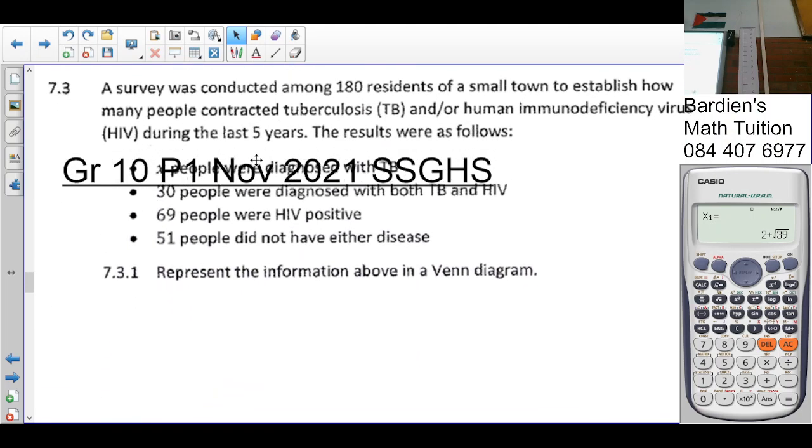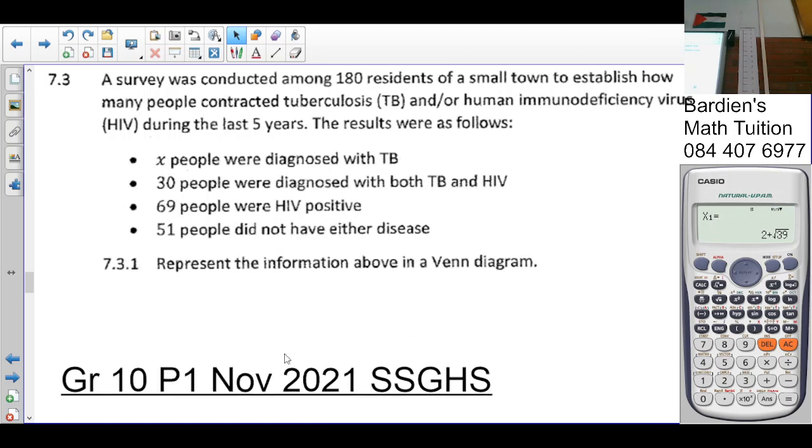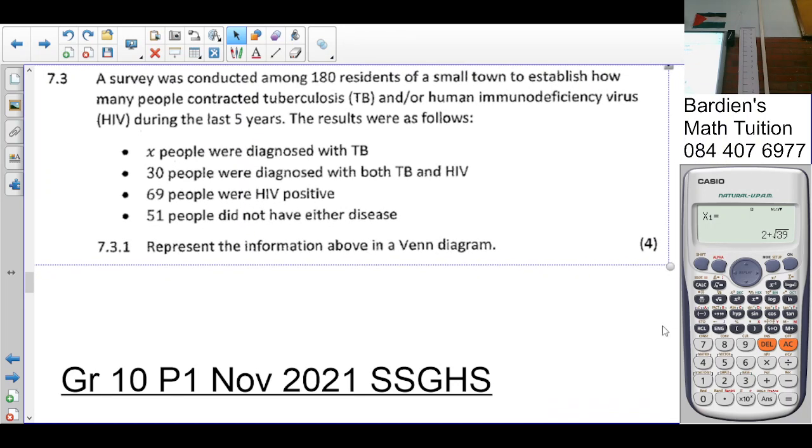7.3. A survey was conducted amongst 180 residents of a small town to establish how many people contracted tuberculosis, which is TB, and or human immunodeficiency virus, HIV. During the last 5 years, the results were as follows.